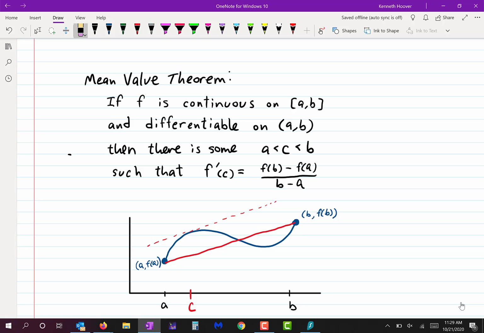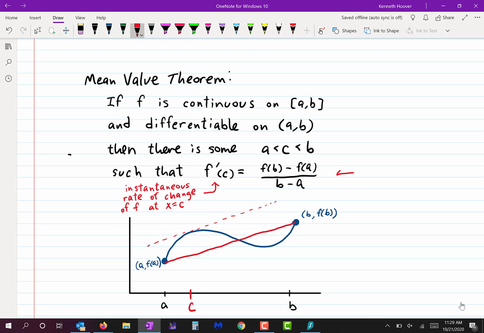Okay? And by the way, this f prime of c, you already know that is the instantaneous rate of change of f at x equals c.